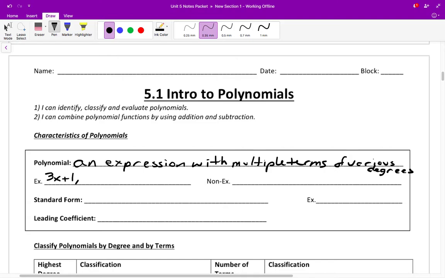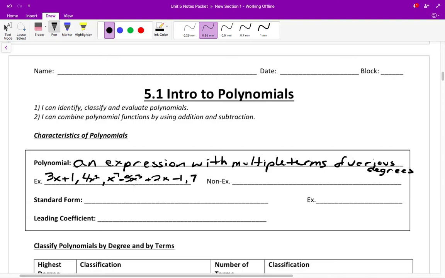You could also have something that was quadratic, like 4x squared, or even something that's much bigger, like x to the 7th minus 5x cubed plus 2x minus 1. You could even just have a number, like the number 7 would be an example of a polynomial.